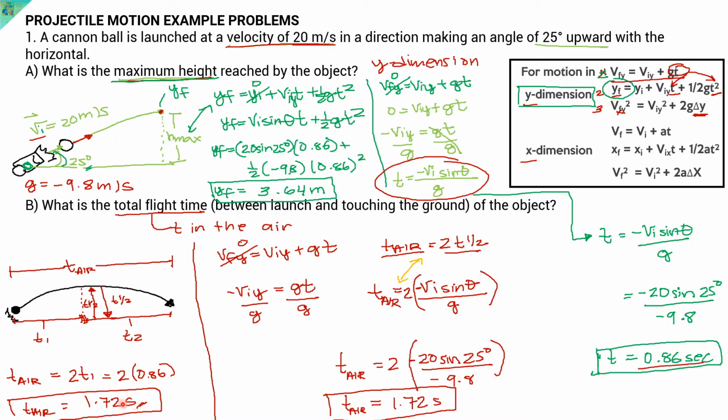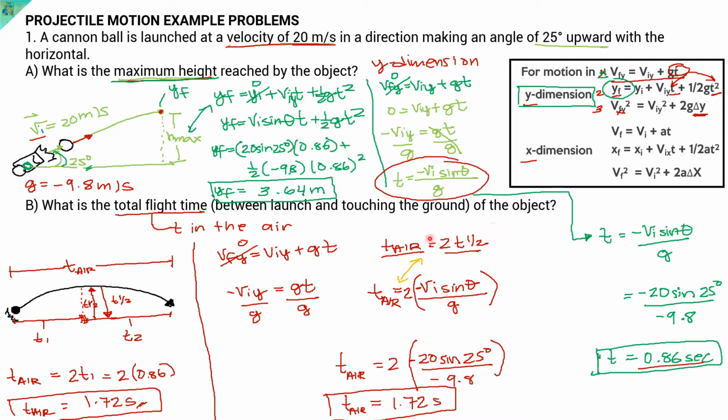The other one is that, actually, we just proved this first one through the use of our formula here, which is VFY is equal to VIY plus GT. What we did is that we understood that the 1/2 time ng pag-angat niya is actually twice, when we talk about time in the air.